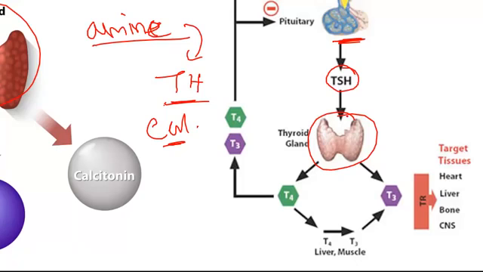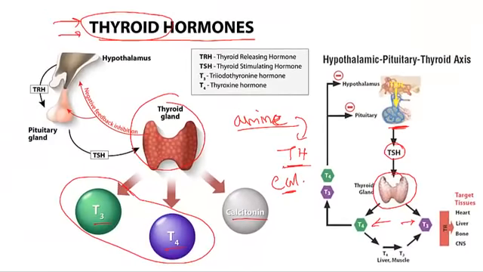Once thyroid stimulating hormone provides this signal to the thyroid gland, they start secreting T3, T4 and other types of thyroid hormones. Along with that, they also produce calcitonin. Okay, the cells that produce thyroid hormones, T3 and T4, are known as follicular. The cell which produces calcitonin is known as parafollicular.